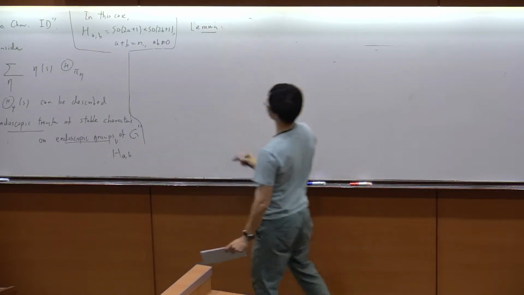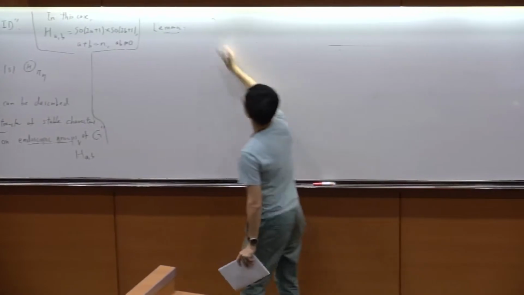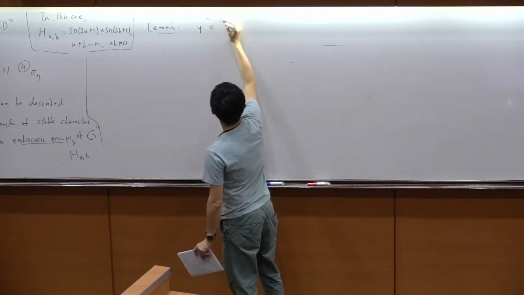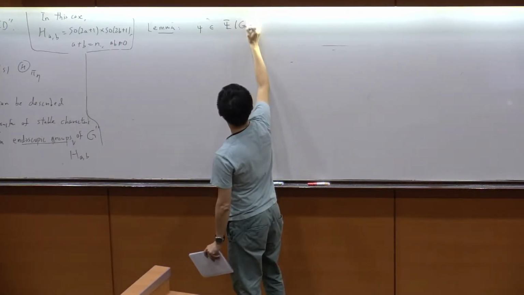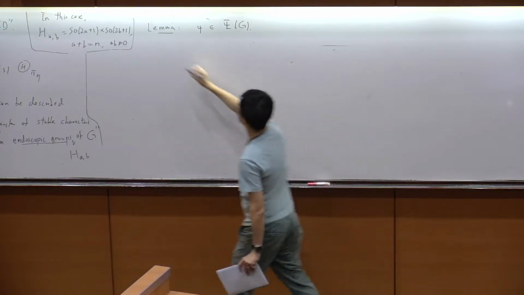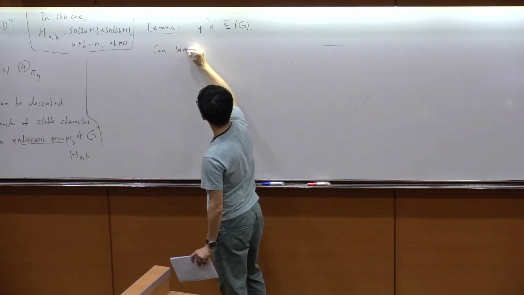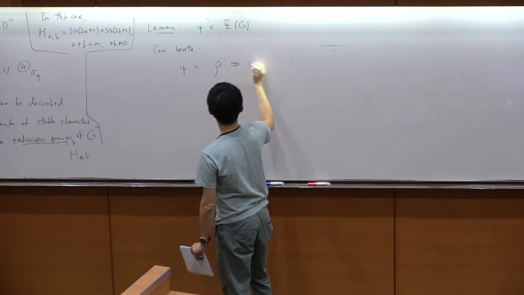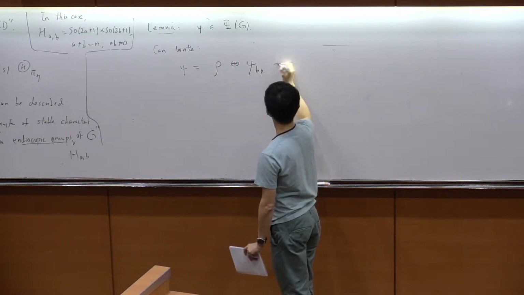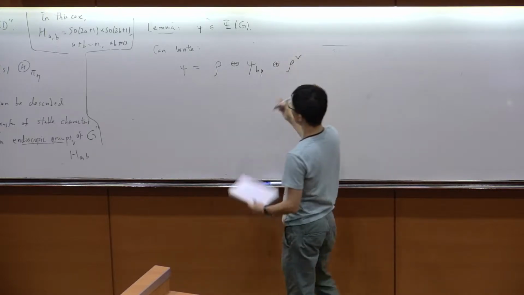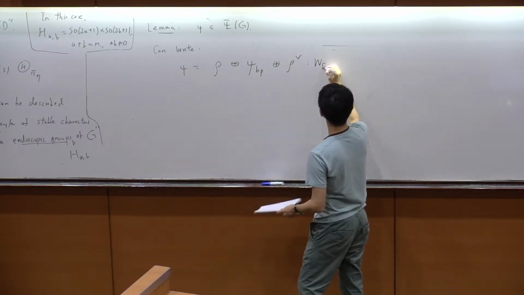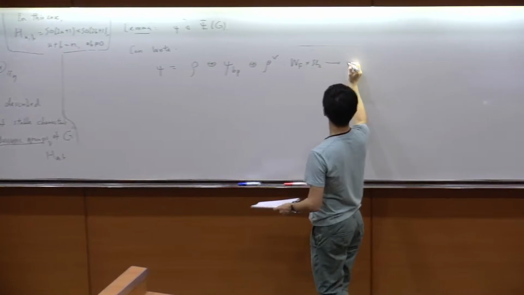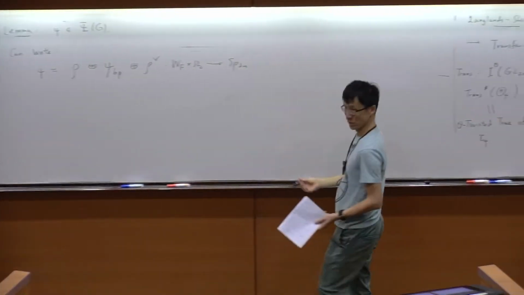This lemma is not hard to see, which is that given an A-parameter, you can break it up. So I'm thinking of it as a 2n-dimensional symplectic representation.